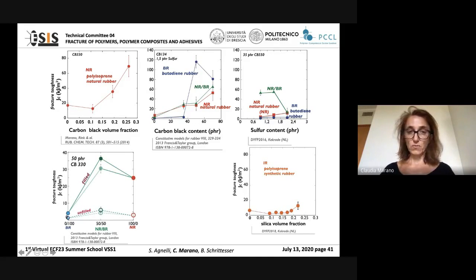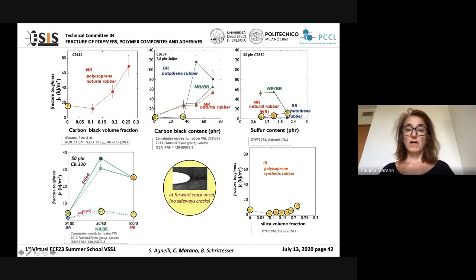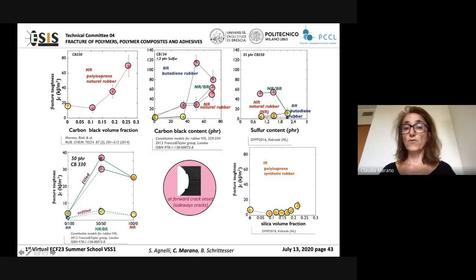It was observed that in the cases in which the fracture occurred only through the propagation of the forward crack, fracture toughness is always low. While in the cases in which sideways cracks formed, fracture toughness reaches very high values.